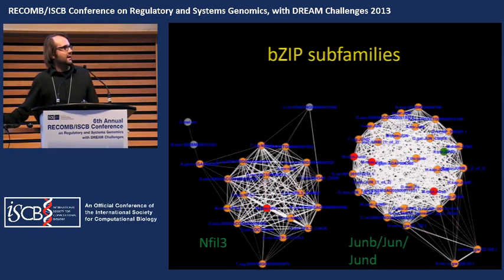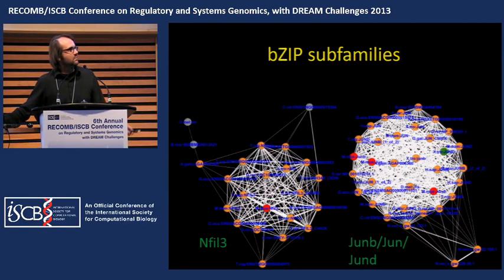And now, since this is a systems biology meeting, I've got to show some networks. I think it's an intuitive way of presenting this. We're looking at two different subfamilies of bZIP transcription factors. Each node is a transcription factor, and there's a line between a pair of transcription factors if they're above the required threshold of similarity.